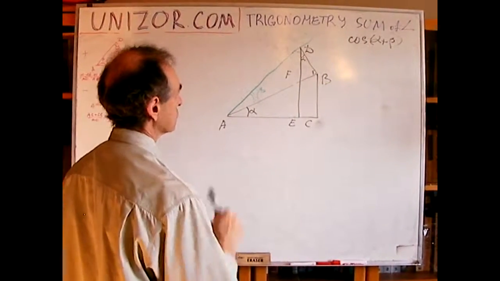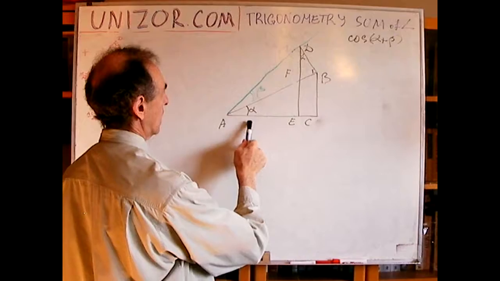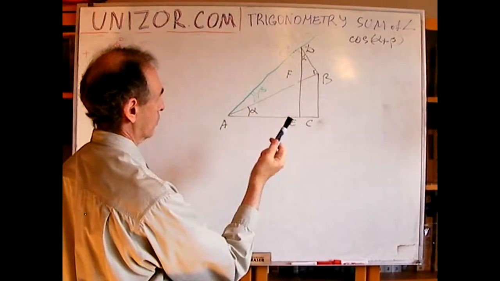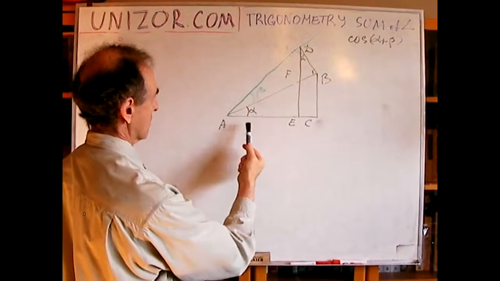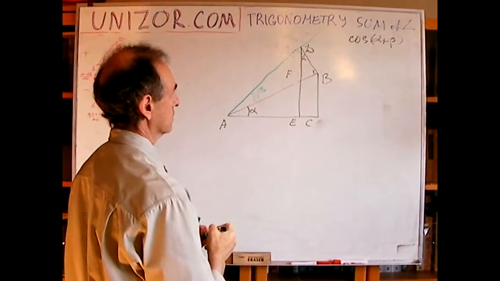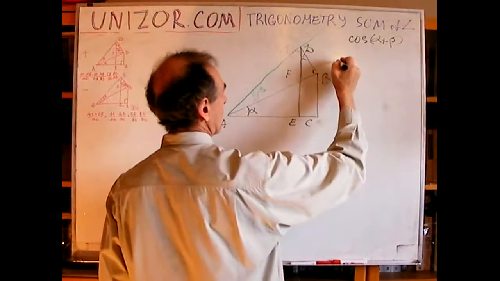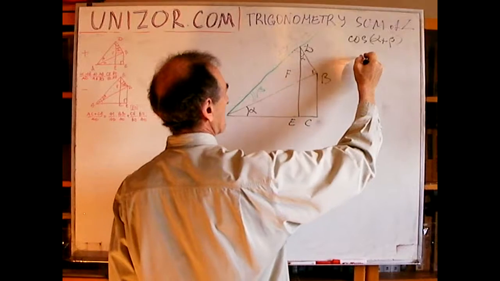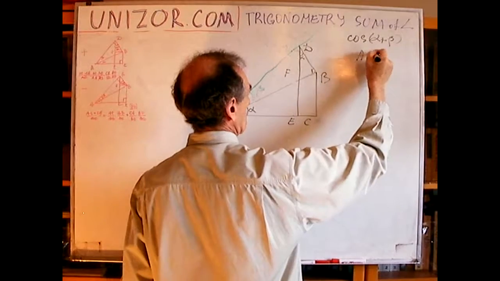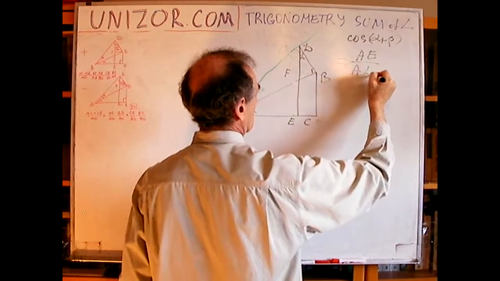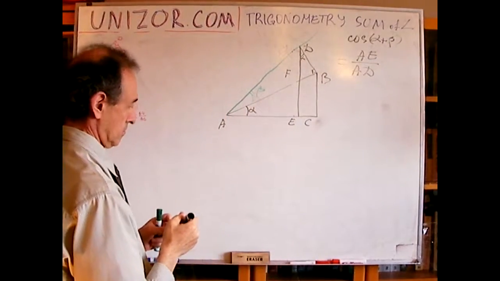Now, let's talk about cosine of alpha plus beta. Now, what is the triangle where this is an acute angle? ADE, right? So the cosine of alpha plus beta is equal to AE, which is the adjacent catheter, over AD, which is the hypotenuse.